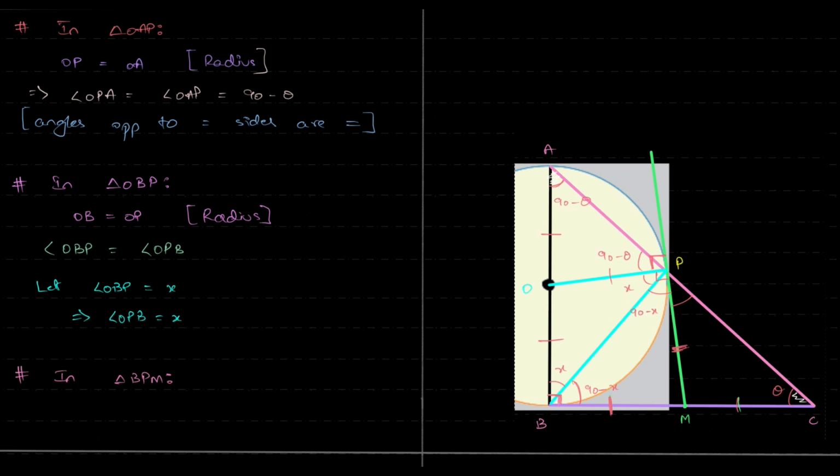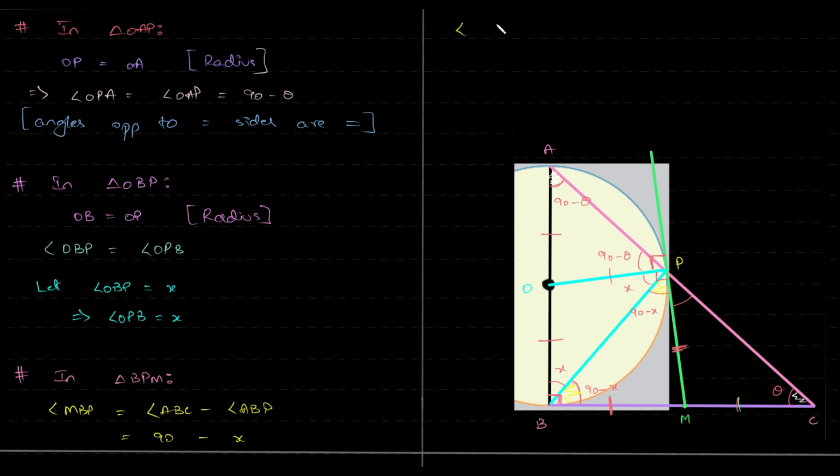So we are looking at triangle BPM. In this case, what are we going to do? We have to prove that this set of angles are equal. So we'll start off with angle MBP, which is equal to angle ABC minus angle ABP. So this is 90 minus x.